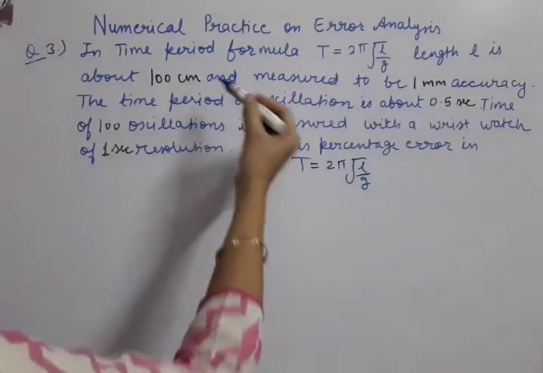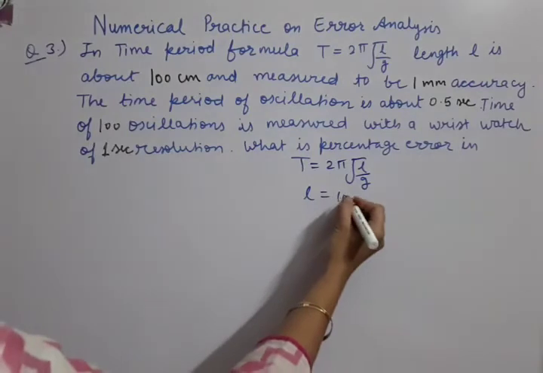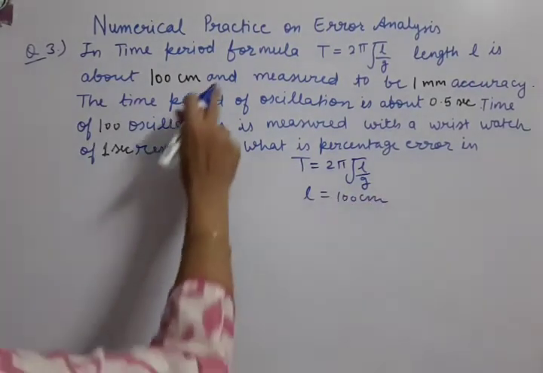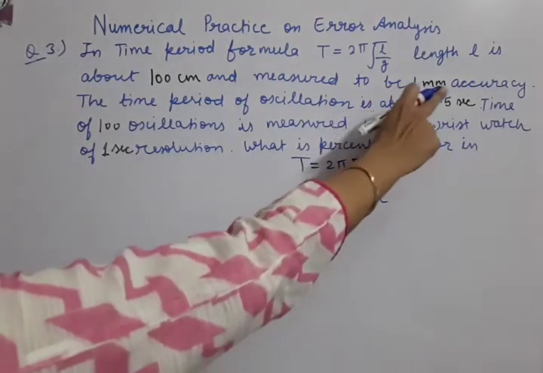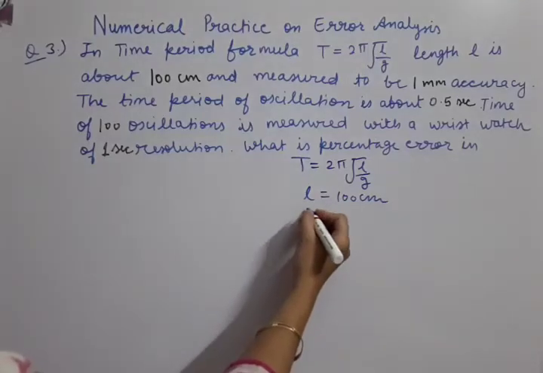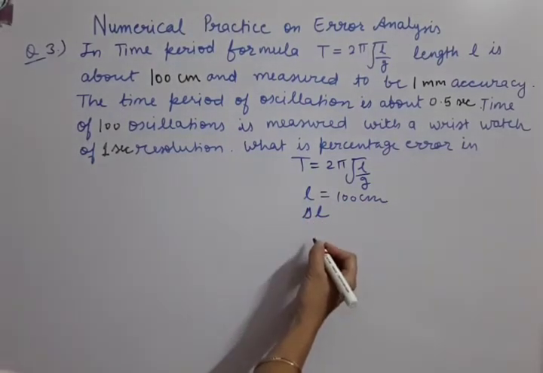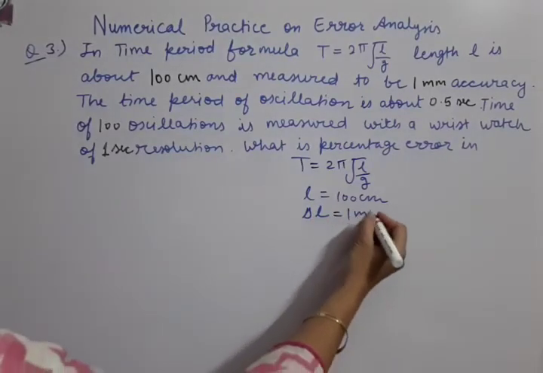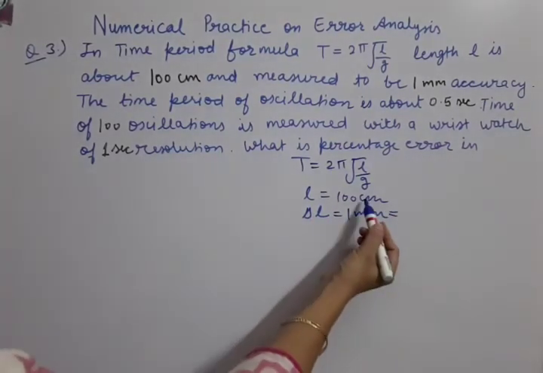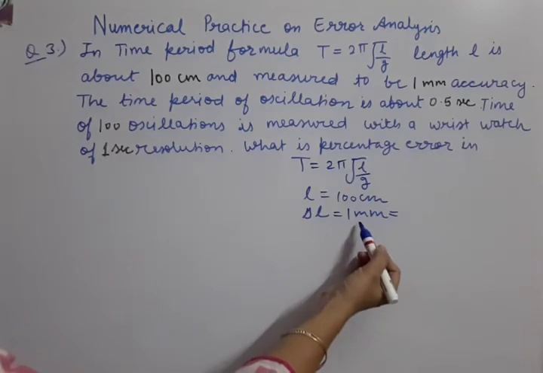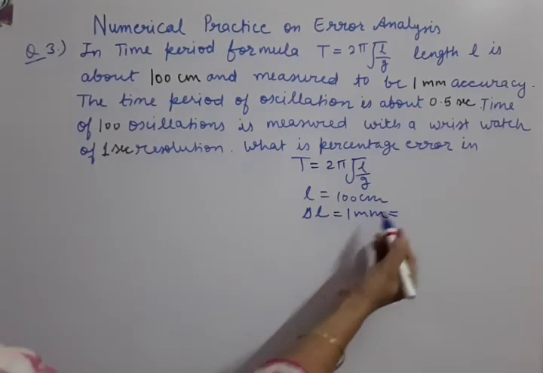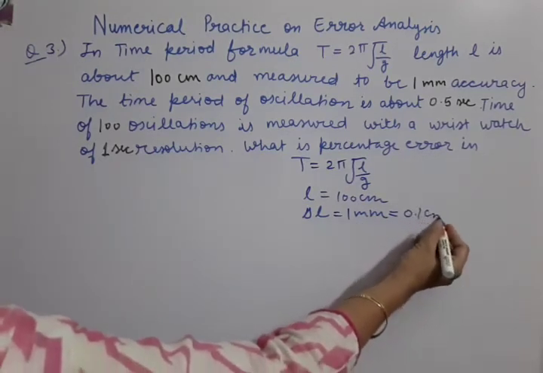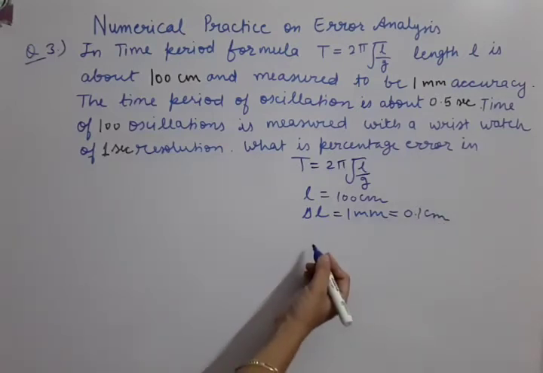Length L is about 100 centimeter, measured to 1 millimeter accuracy. So accuracy means delta L. Okay. The word accuracy means delta L is given as 1 millimeter. But if this is in centimeter, we should convert this also in centimeter only. So it will become 0.1 centimeter.